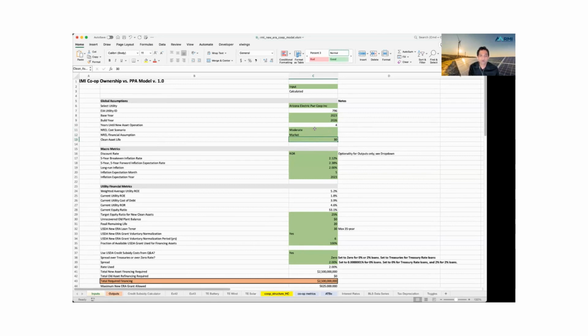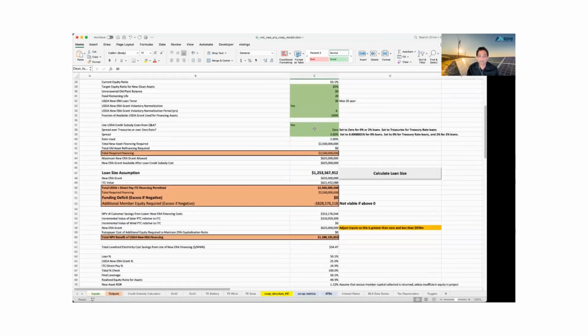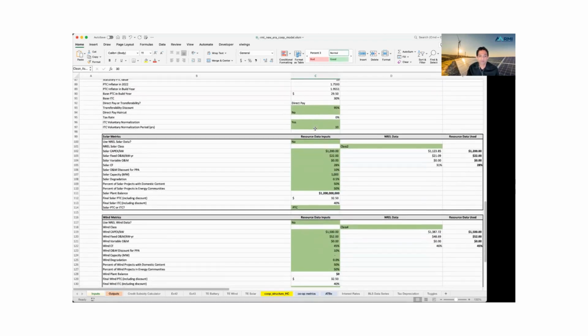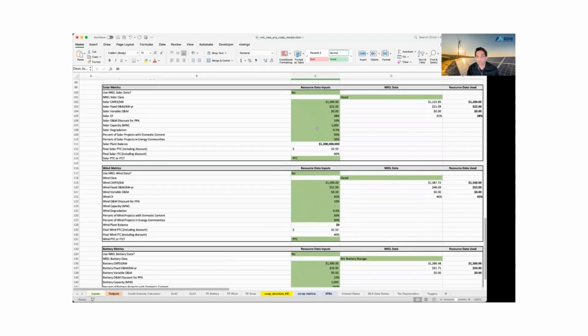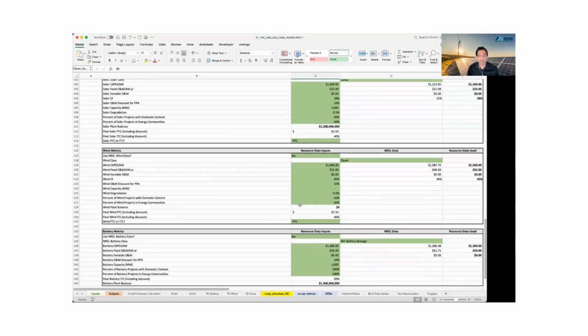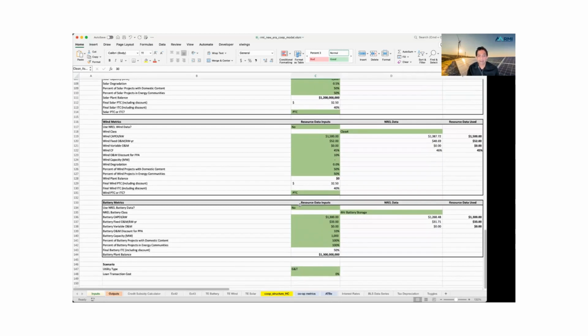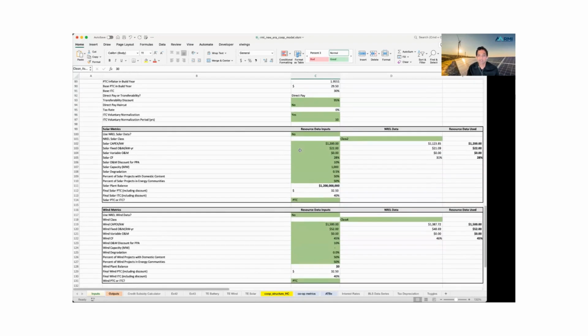Note that below, we also have the flexibility, and I'll talk a little more about this later, to put in manual overrides if you already have certain asset costs that have been quoted to you or that you are currently considering. These overrides can be placed in the solar, wind, and battery metric sections, and you can choose to use the overrides.